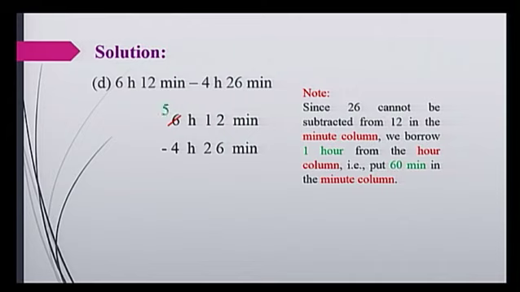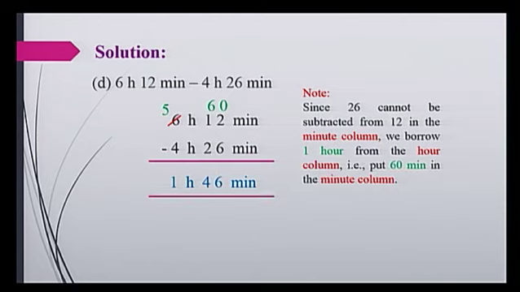That is, I get 5 here, and I put the 1 hour, which is equal to 60 minutes, in the minute column. So now I'm going to add 60 plus 12 minus 26, which gives me 46 minutes. And 5 minus 4 is equal to 1. So my answer is 1 hour 46 minutes.